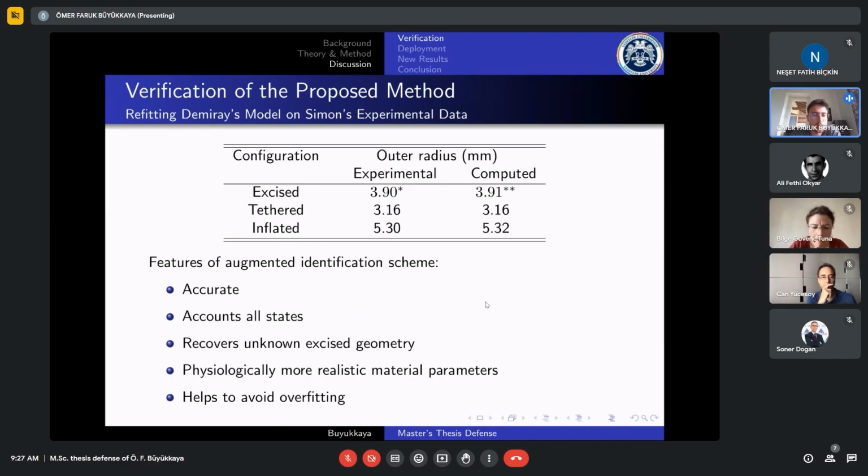That means that we account for all states, and we can recover the unknown tethering geometry when it is impossible to measure it, and we can produce more physiologically realistic material parameters which are less stiff, and this shows us this identification scheme actually helps to avoid overfitting.